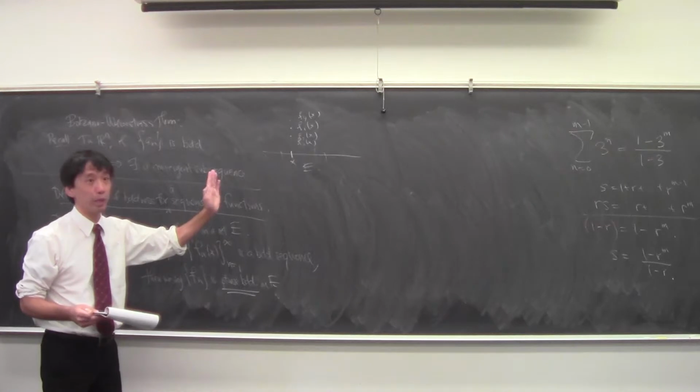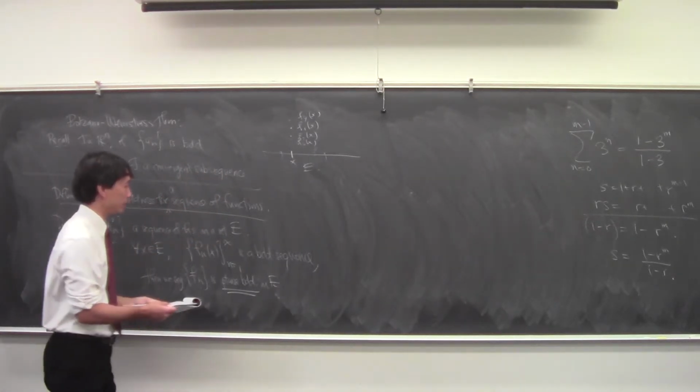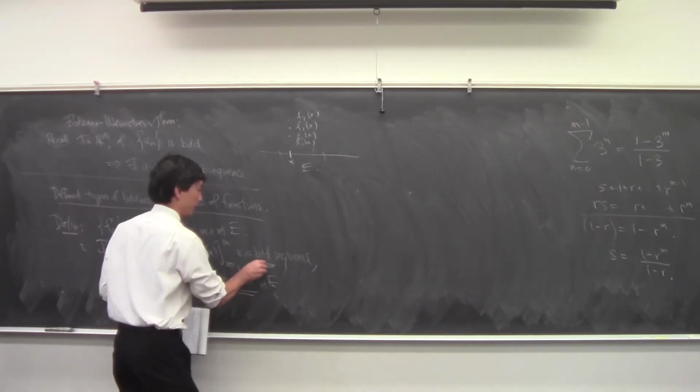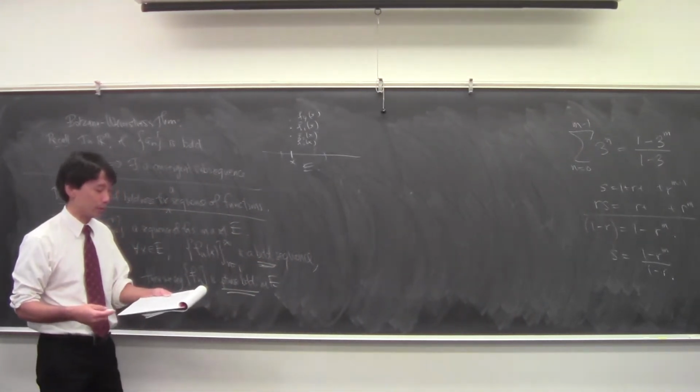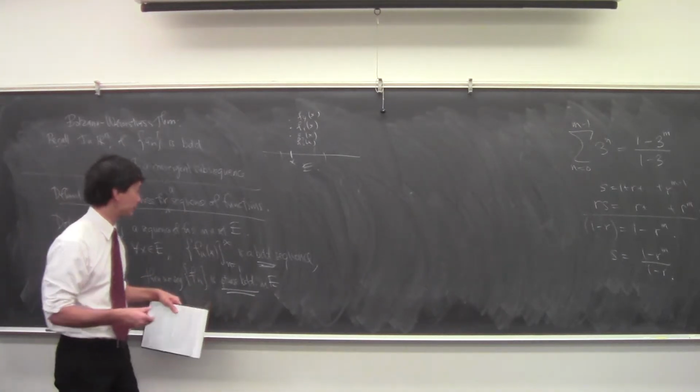So for each point, there's a bound on the sequence. And in that case, we say it's pointwise bounded.